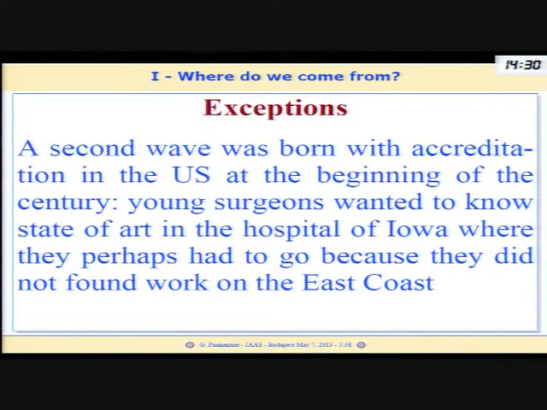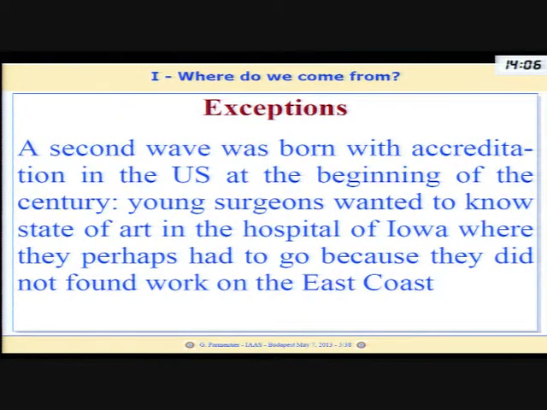The second wave of exception came from the US at the beginning of the last century, when new doctors at Harvard didn't find any job on the East Coast and had to go to Iowa. As you know, it's not very funny. And their wives didn't want to take the train.